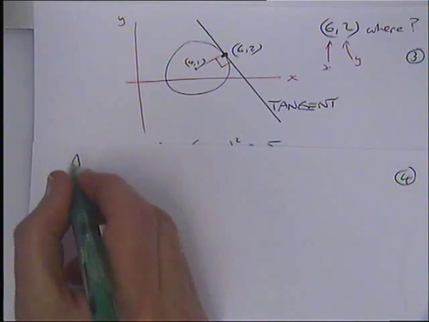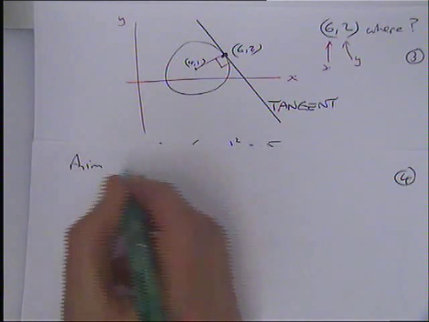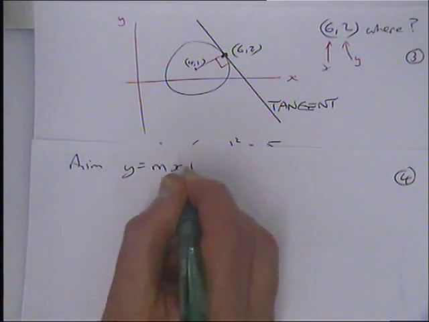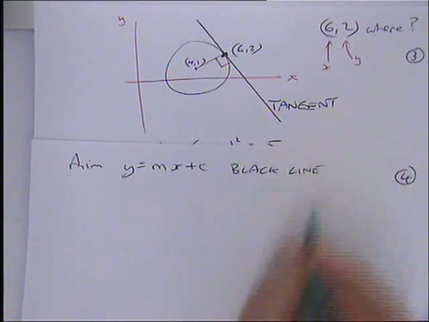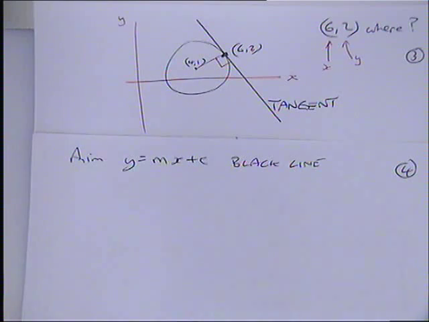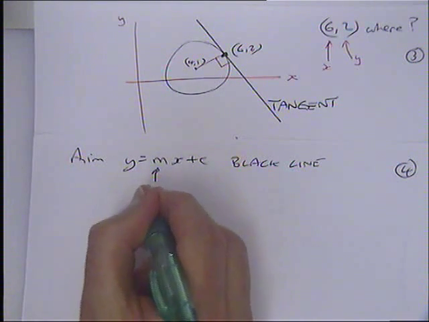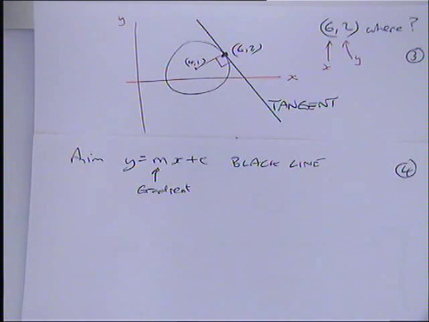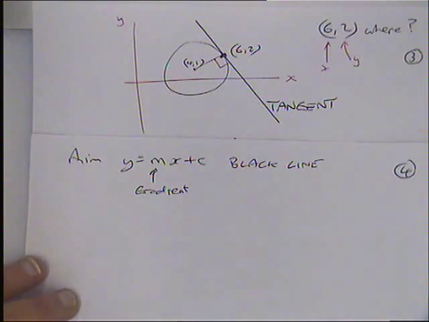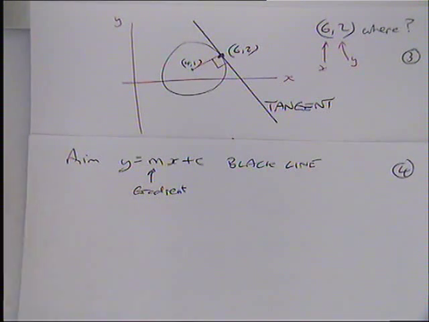So I'm aiming now for something looking like y equals mx plus c for my black line. Where m, we have said, is the gradient. Can I work out the gradient of that black line? No. Well, that's not very helpful.